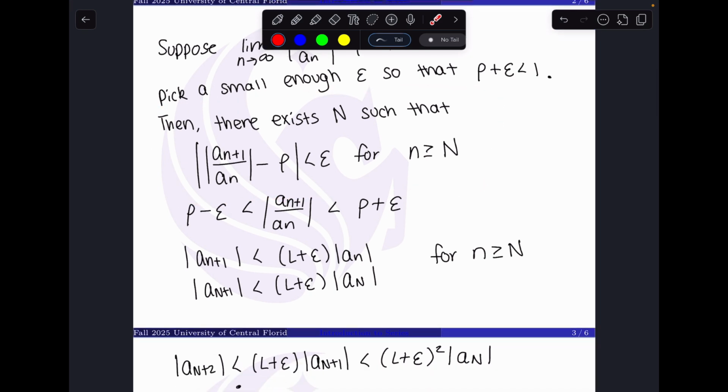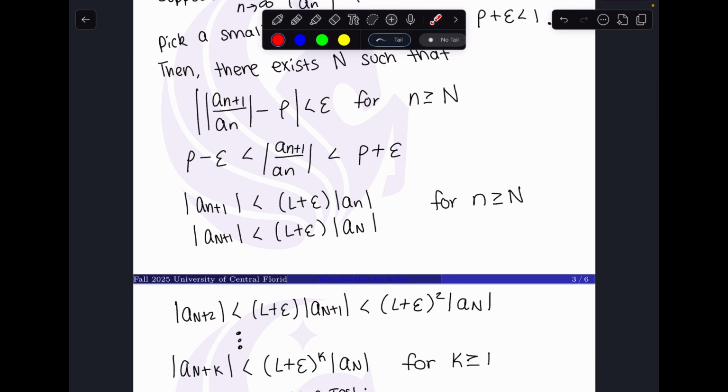If I rearrange this statement, I get that the absolute value of a sub n plus 1 over a sub n is between rho minus epsilon and rho plus epsilon. Remember, rho is like our L in the limit definition we had earlier.